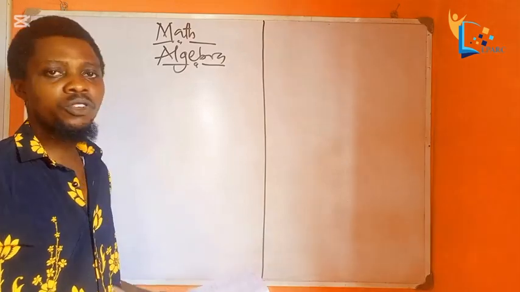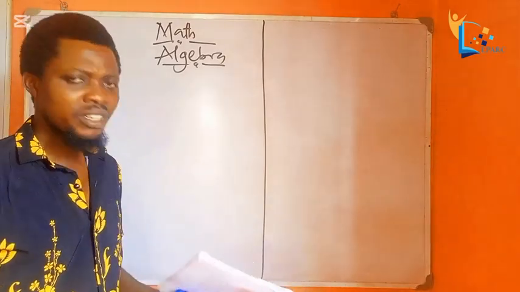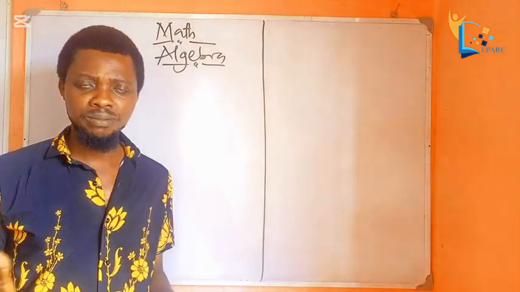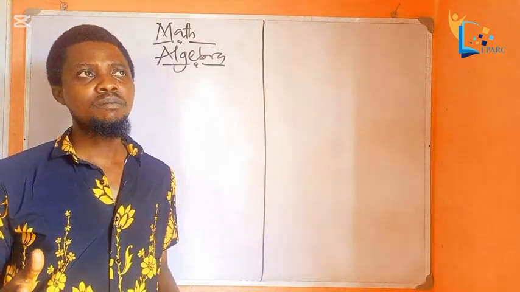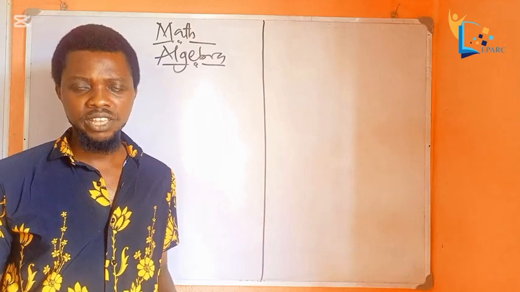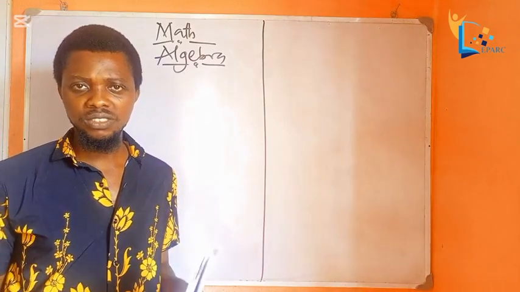Now, when we talk about algebra, what is algebra? Algebra is just a branch of mathematics where letters and numbers are used to represent quantities.